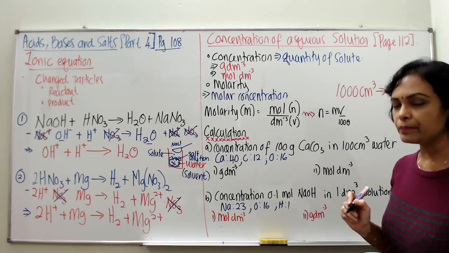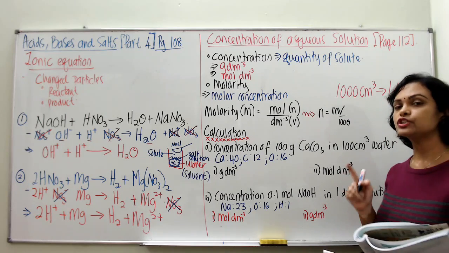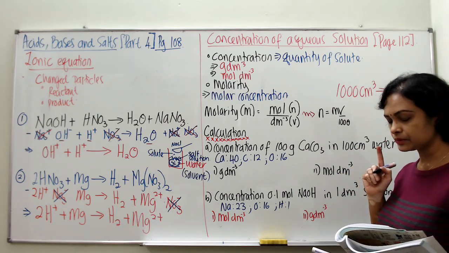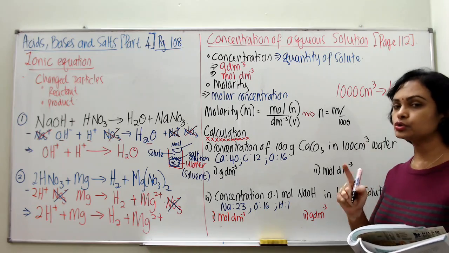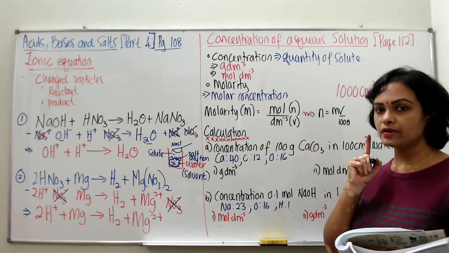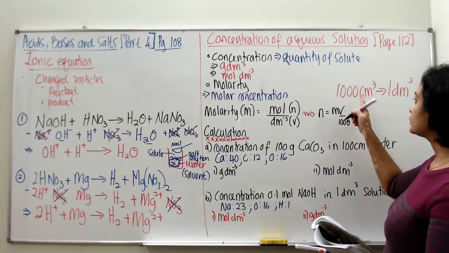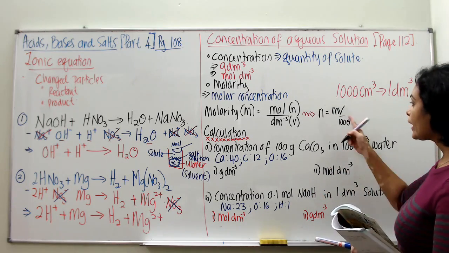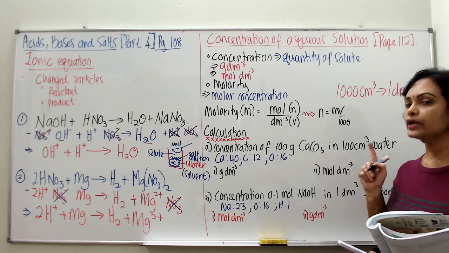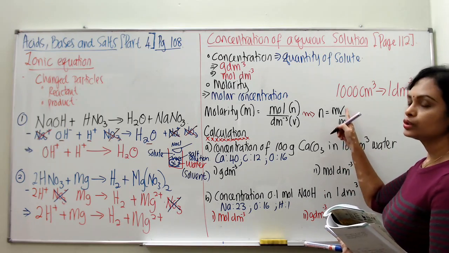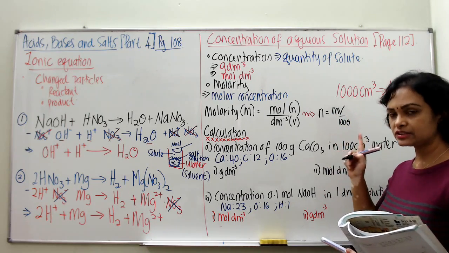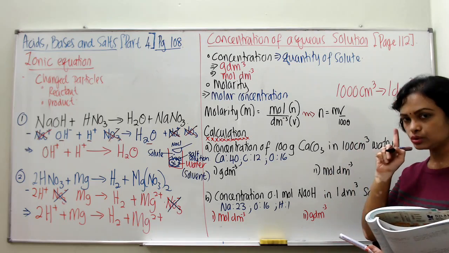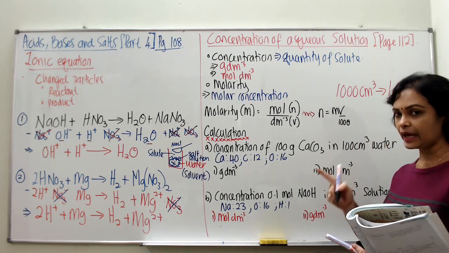Because usually the volume is given in the form of cm cube. So in order to convert cm cube into dm cube, whatever volume is given to you, you just divide it by 1000 to convert cm cube into dm cube.